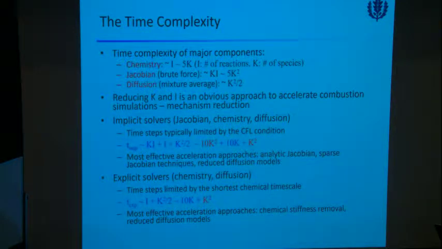Because for numerical perturbation of the Jacobian, each perturbation you need to evaluate a lot of exponential terms in the Arrhenius rate, right? But for factorization, it's pure linear algebra. There's no exponential function to evaluate. So it's a lot faster actually. So unless you have a very large matrix to deal with, let's say more than 3,000 species, you don't see the cost become n cube.